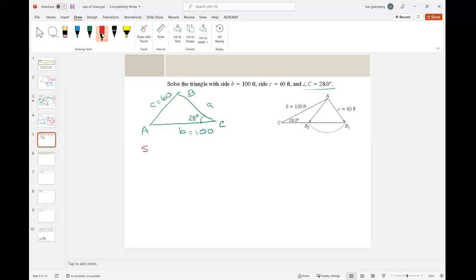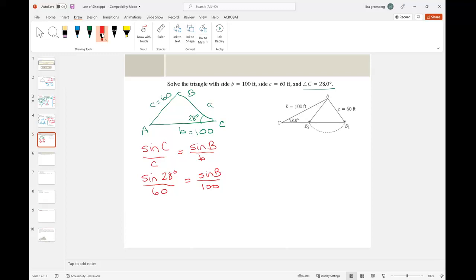So I can start here with the sine of C over C equals, and the other one I'm going to use is B because I don't know what the angle B is, but I know the side B. So again, I have sine of 28 degrees over 60 is equal to the sine of B, which I don't know, over 100.